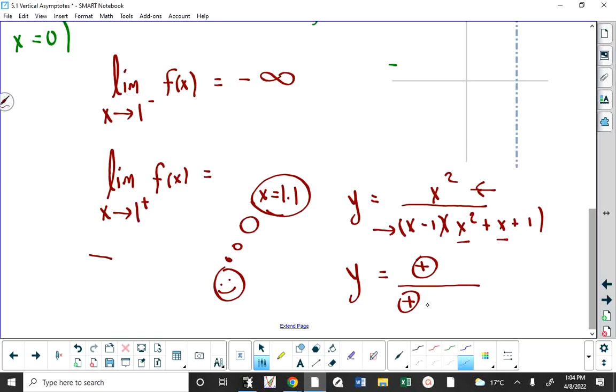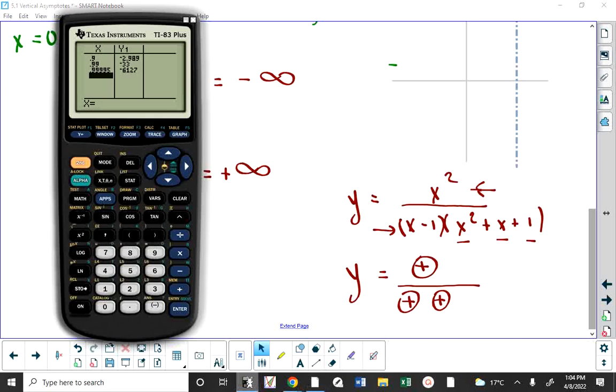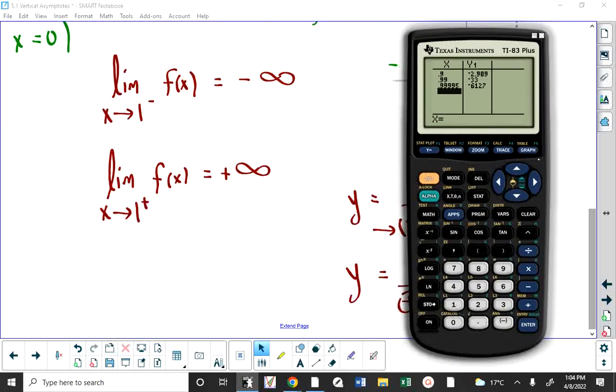And as we said, this is positive everywhere, which means that this will be positive infinity. And you could have done both of those by entering the function in your calculator and then putting in numbers that are very close to 1 from the left or the right. Does anybody have any questions about finding those two limits?